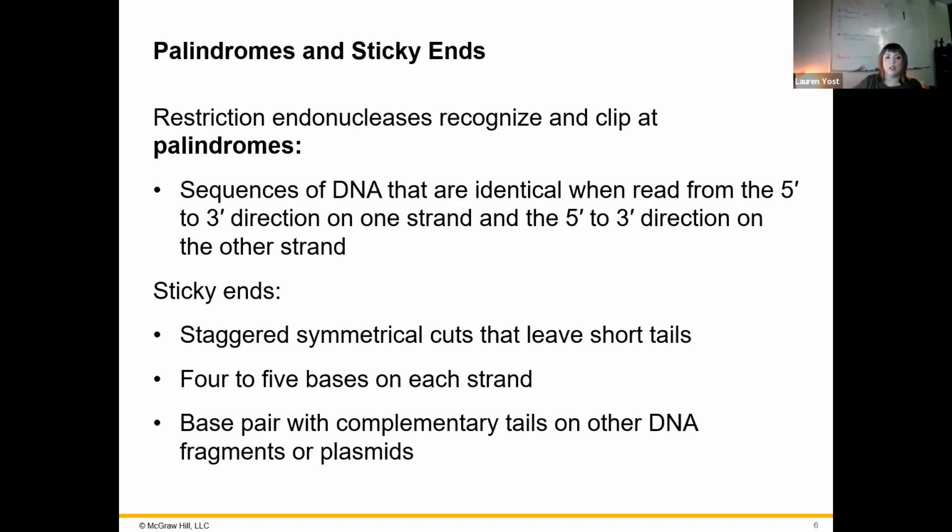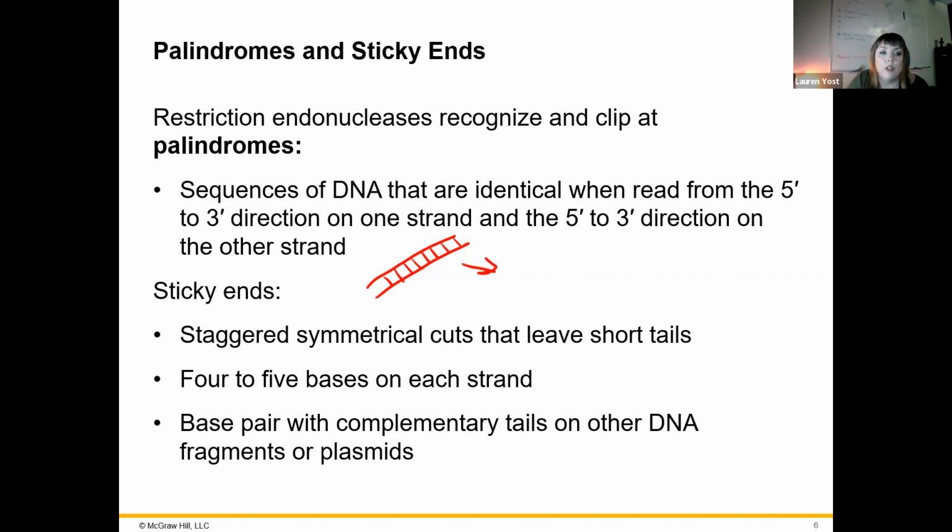What that means is, let me get the pen, because I always forget that I need the pen. You have your double-stranded DNA, and those are hydrogen bonds between the A's and the T's and the G's and the C's, right? If you split this apart, you'll have one strand and one strand.